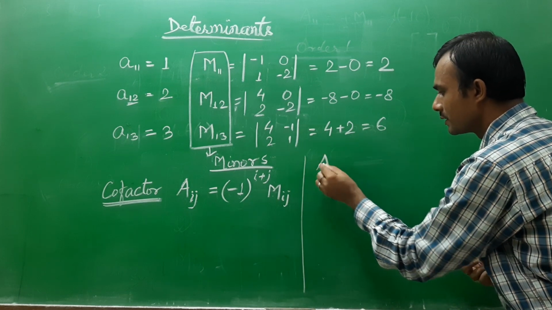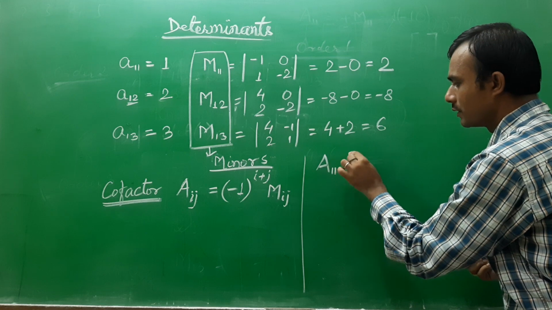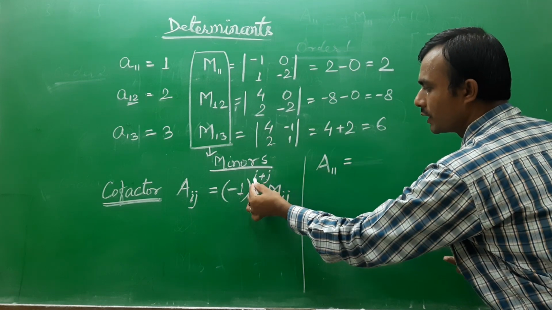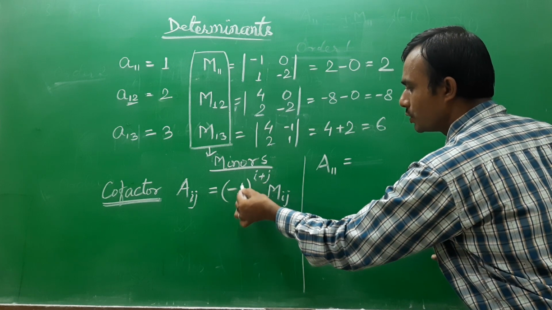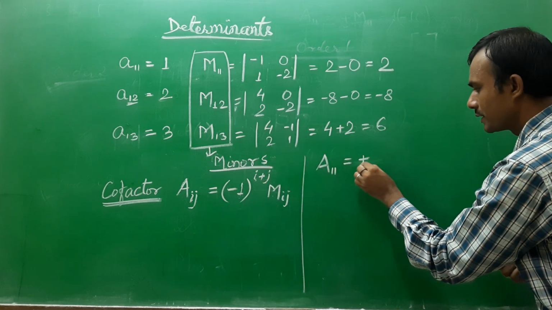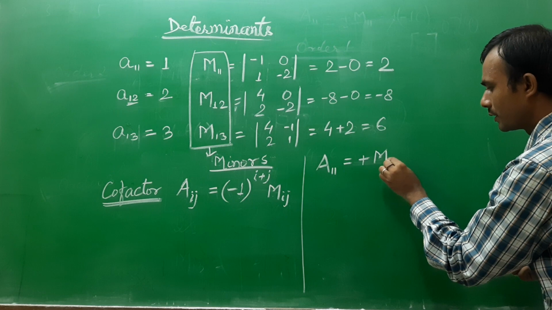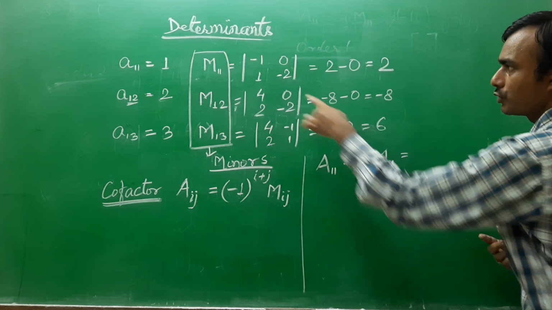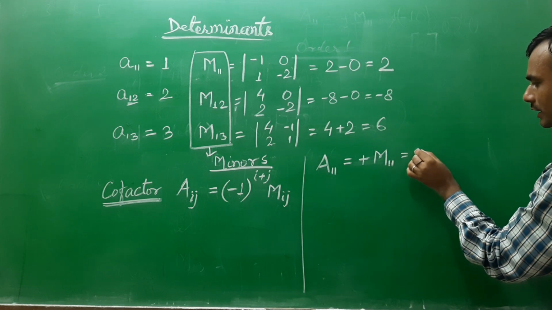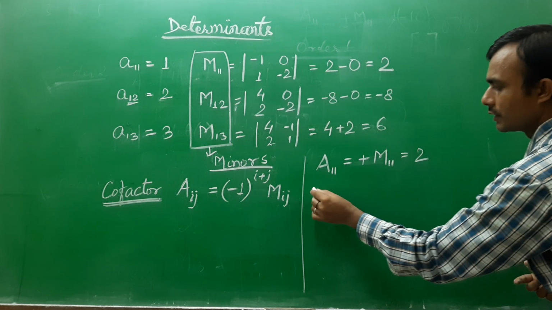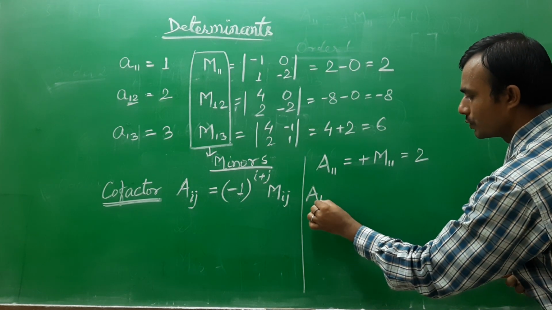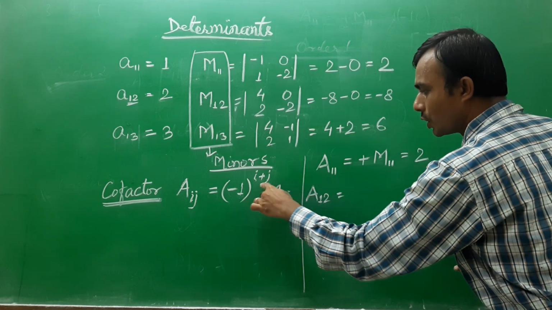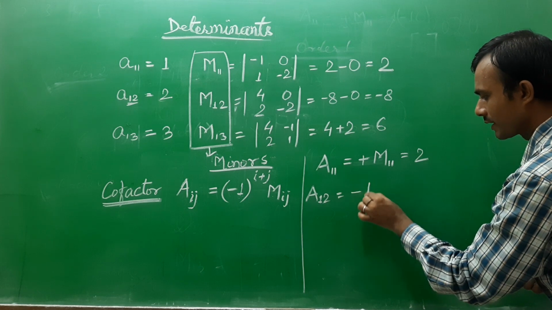First, a11, the first cofactor: 1 plus 1 is 2, minus 1 to the power 2 is plus m11, and we have the value of m11 as 2, so directly plus 2. a12: 1 plus 2 is 3, odd, so minus m12.